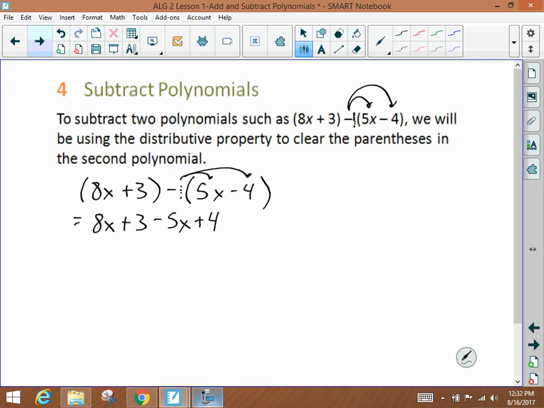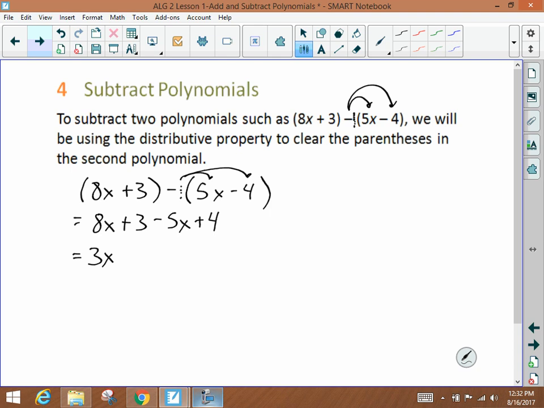Okay, cool. Now, do I have some like terms that I can combine? I sure do, because I can combine 8x and negative 5x. I'm going to add those coefficients. So 8 minus 5 is 3, and that's 3x, right? And now I also have the like terms 3 and 4. I'm going to go ahead and combine those.